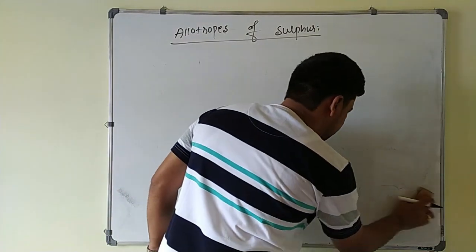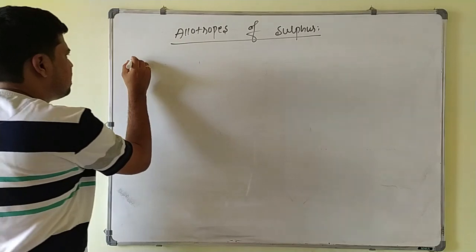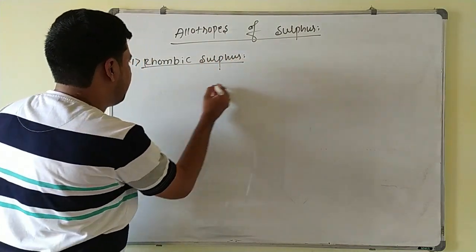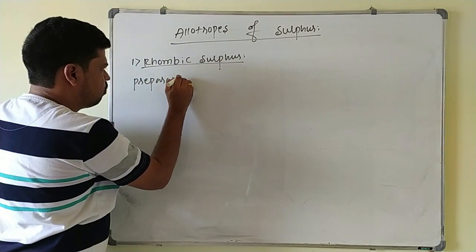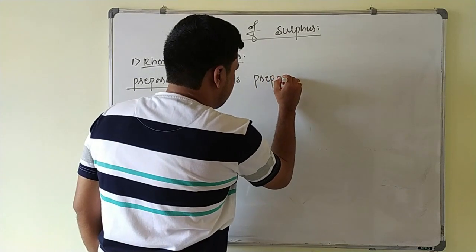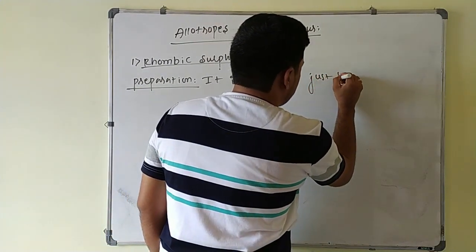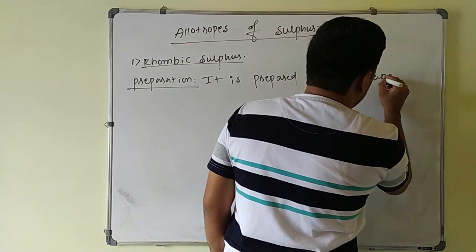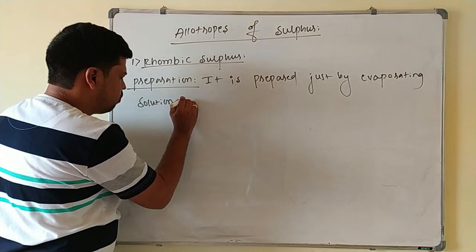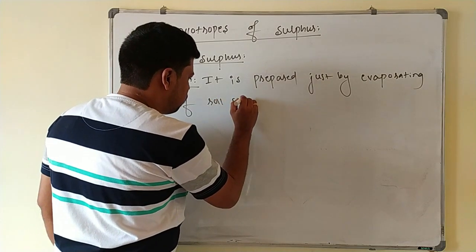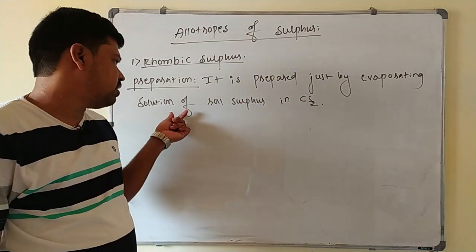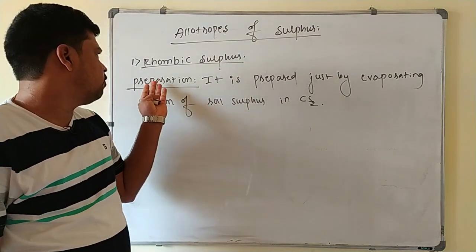Preparation: it is prepared just by evaporating the solution of roll sulfur in carbon disulfide, CS2. By evaporating, the crystals of rhombic sulfur are formed.